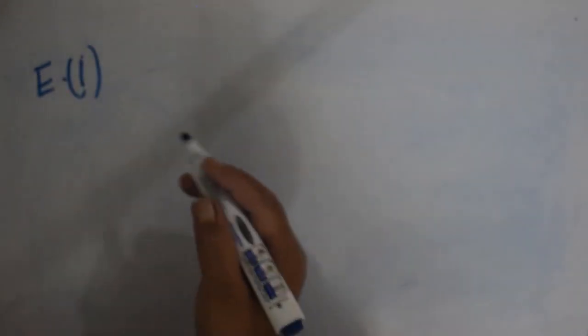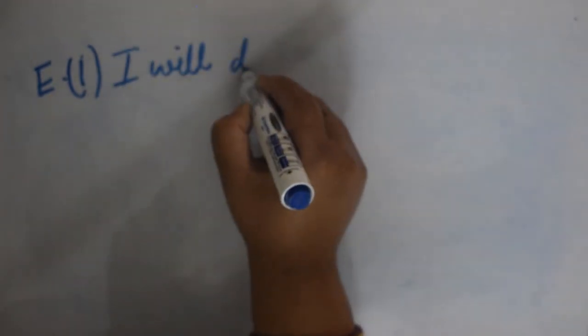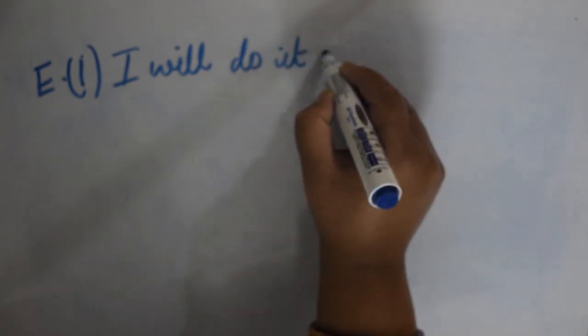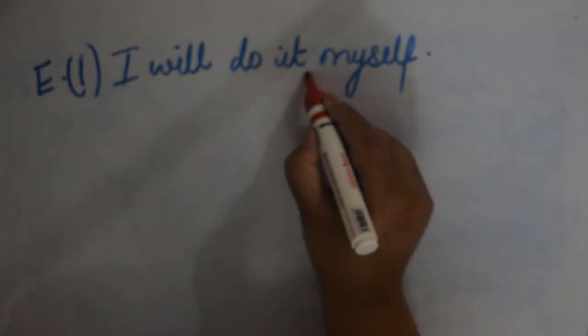The first sentence was, I will do it myself. In this sentence, myself is the pronoun, and you have to mention which type of pronoun it is.